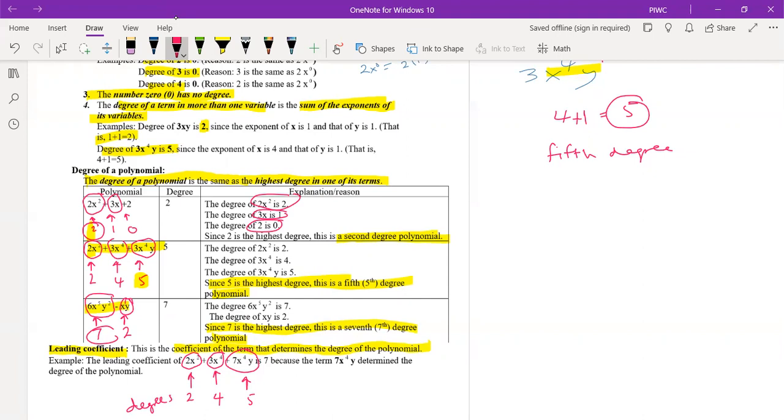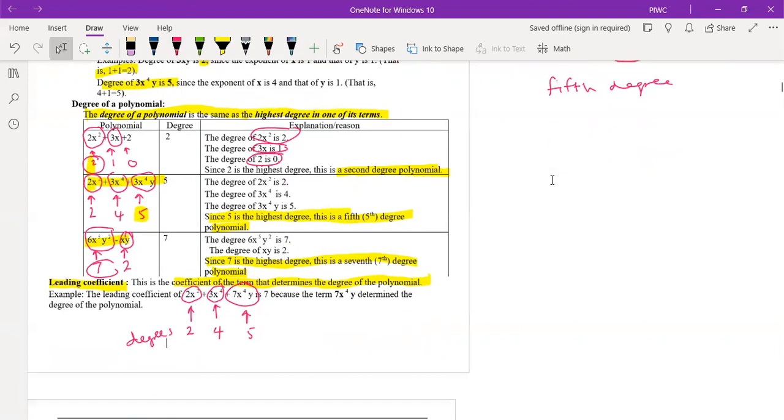Now, in what we call the standard form, you always arrange the terms in descending exponents. In other words, start with the highest degree first.